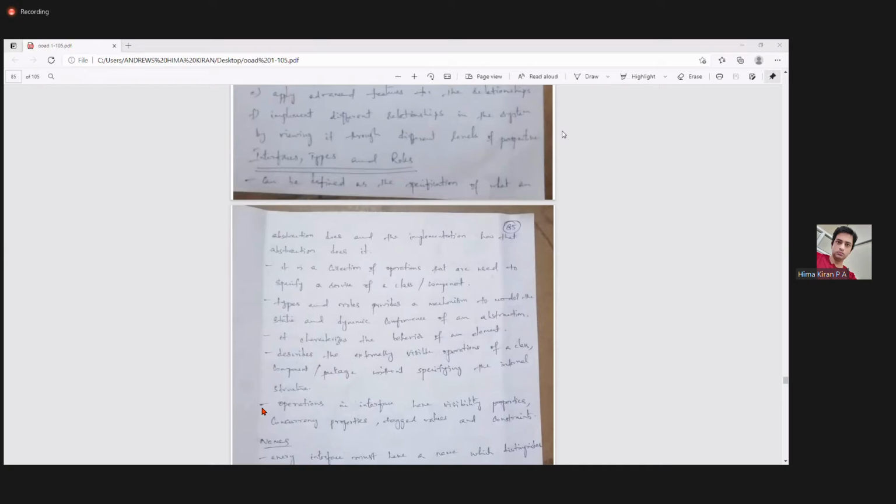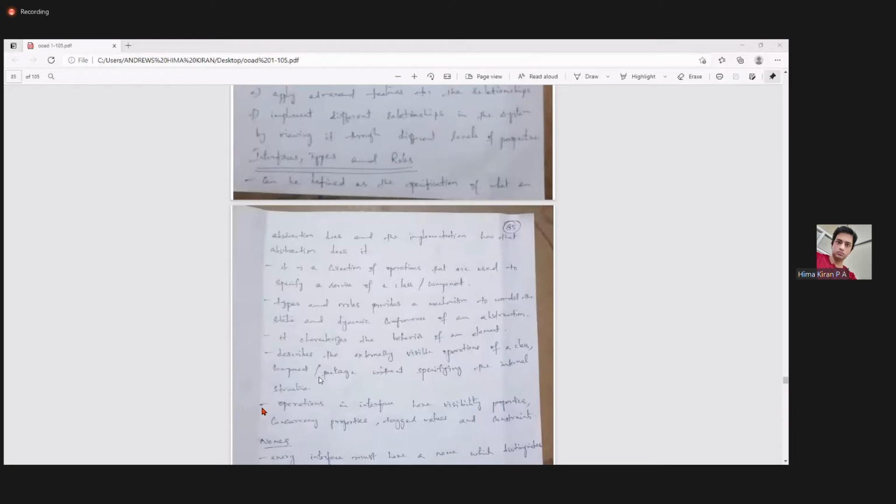For example, consider a boy and a school, two classes that exist. A boy acts like a student or a girl acts like a student, and in a school a teacher will be there. Here student and teacher are the roles. A type is also nothing but whether it is a static type or a dynamic type.